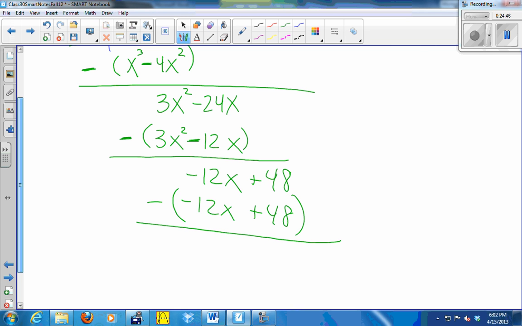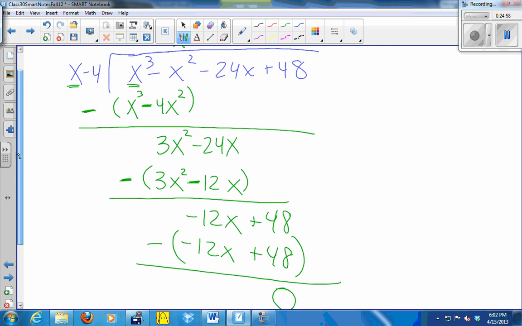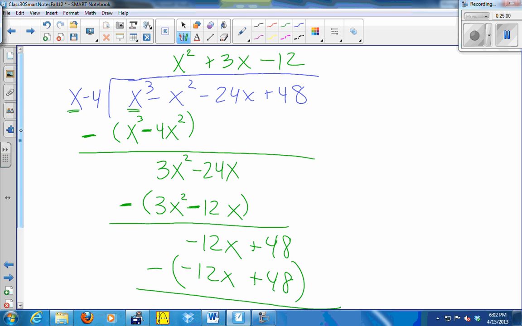So negative 12x plus 12x, those go away. 48 minus 48, those cancel. I get 0. Okay, so my remainder is 0. And my answer, when I divide the cubic polynomial by the x minus 4, I get x squared plus 3x minus 12.